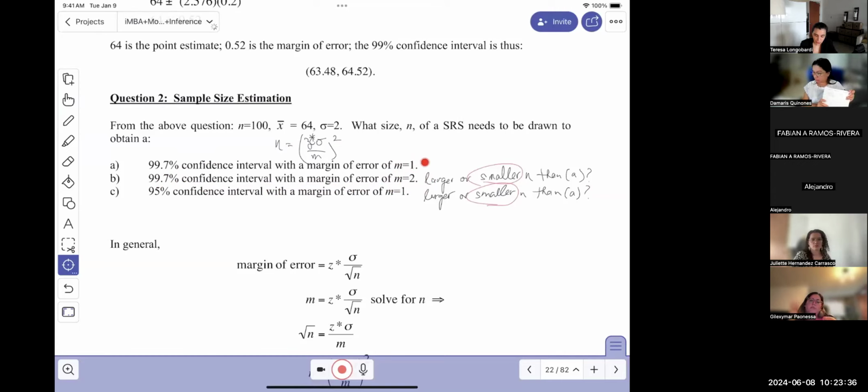What's the difference between A and B? Which one will be bigger? Which one will estimate a larger sample size, A or B?